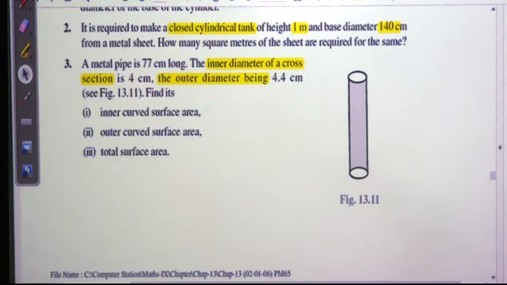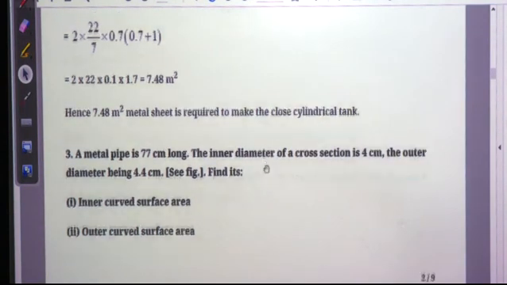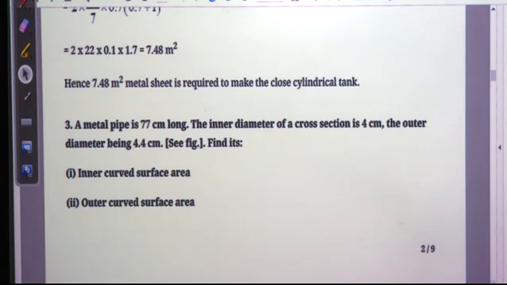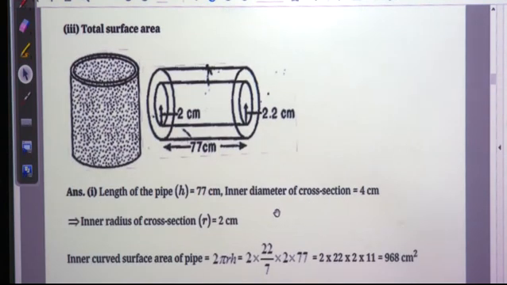Let us switch to the solution. Here we can see the figure is present here and the cross sections are also been shown here.